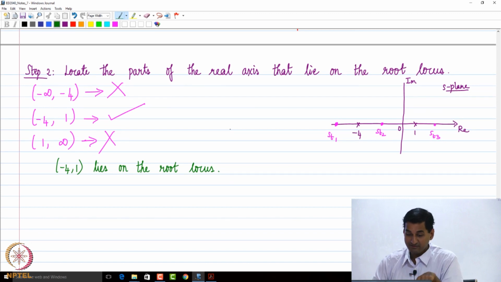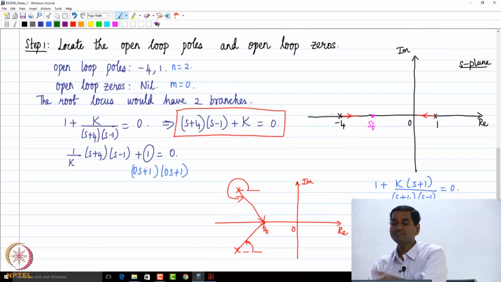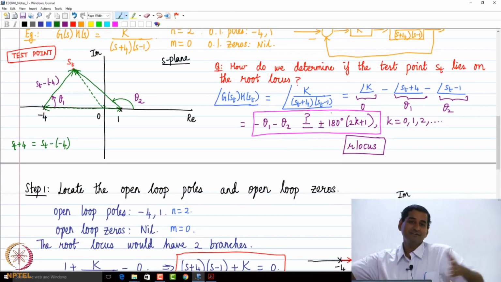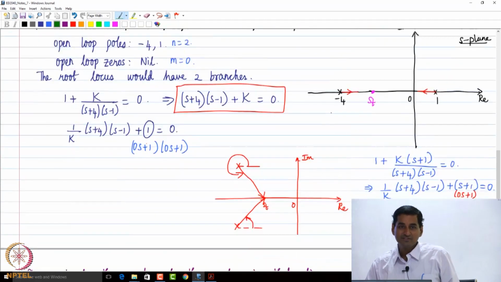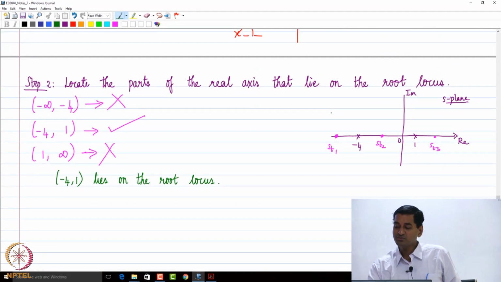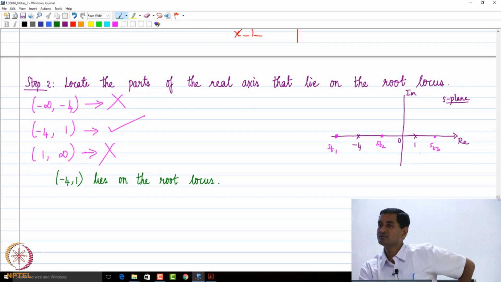Of course, the first elimination I did by using theta 1 and theta 2, but imagine I can have a general system. How do we simplify and generalize? That is what we are doing. If you take a test point ST2, you look towards the right of the test point. How many real open loop poles and real open loop zeros do we have? Only 1, there is one open loop pole at plus 1. So, is that an odd number?